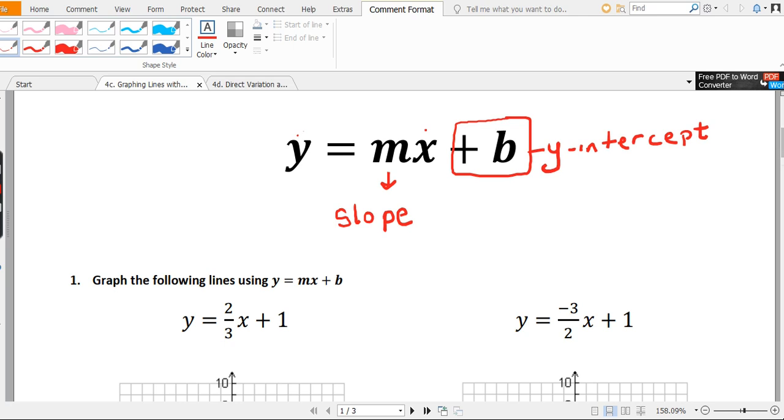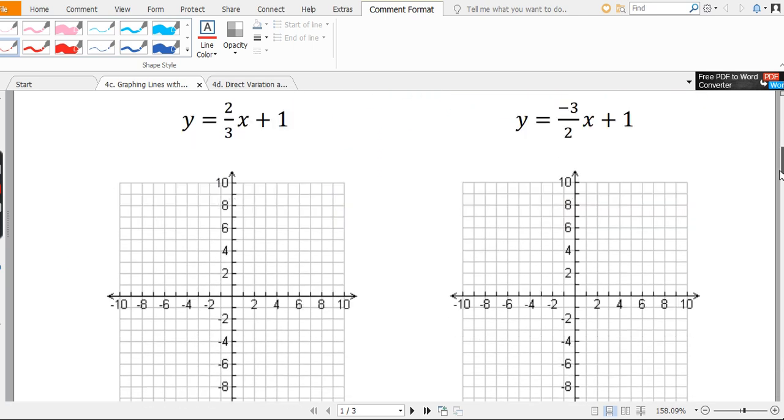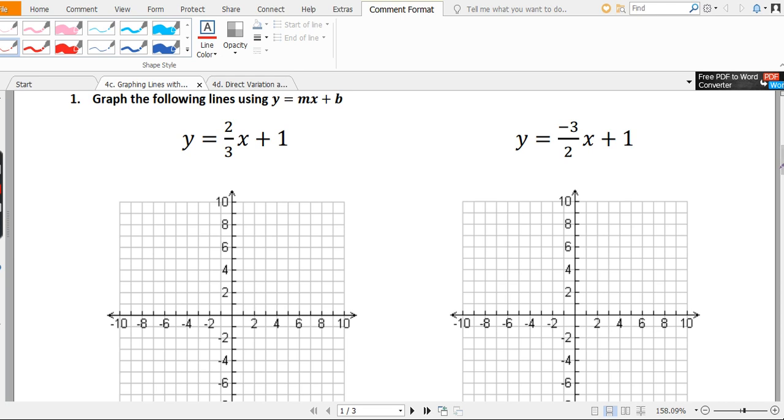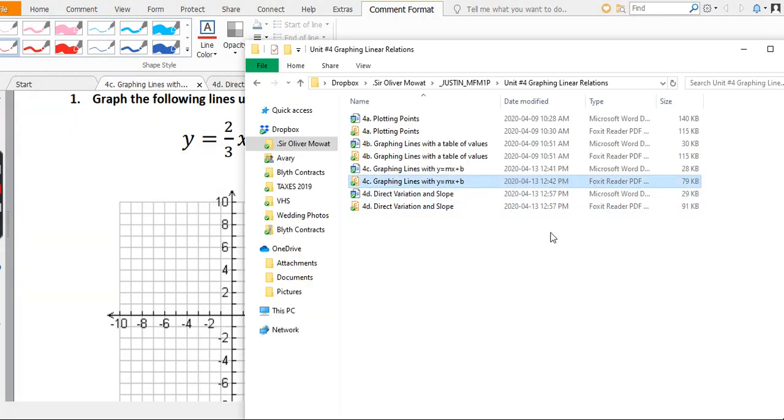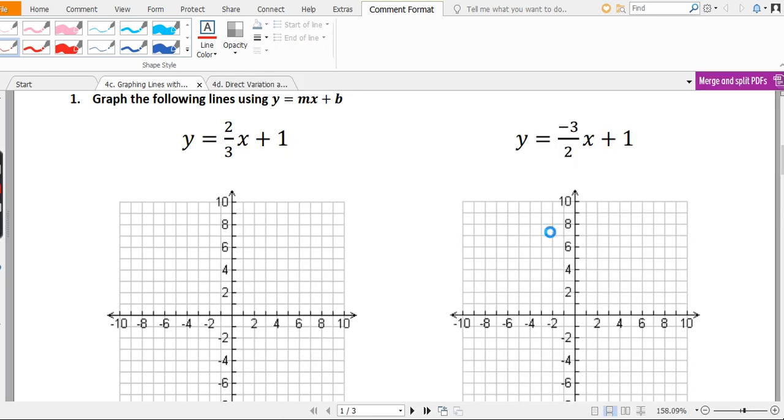Well, I am going to use the exact same equations we had from the last lesson, where we used the table of values. If you took a look at this sheet compared to the last lesson, in fact, let me open up the last lesson. So, graphing with table of values.